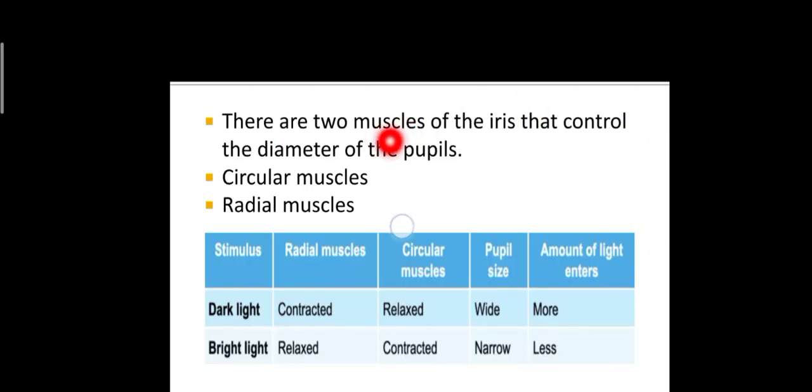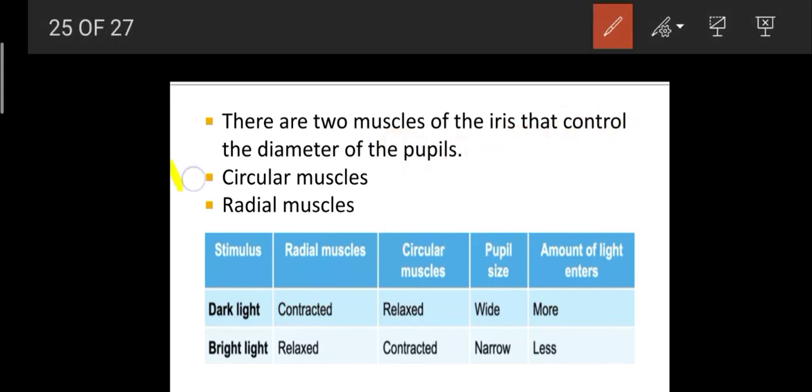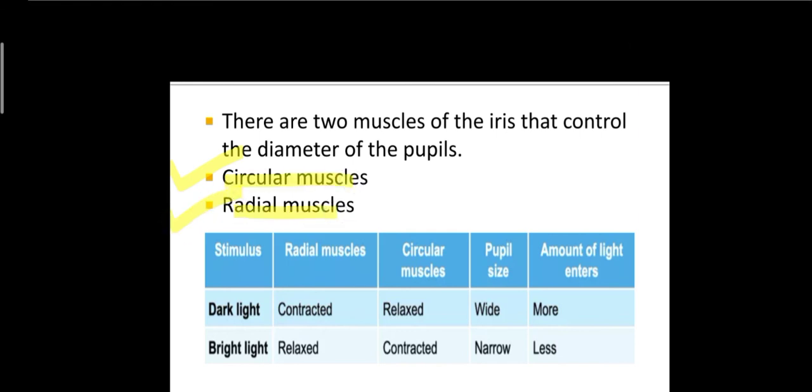There are two muscles of the iris that control the diameter of the pupil, known as circular muscles and radial muscles. When there is dim light, the radial muscles contract, the circular muscles relax, the size of the pupil becomes wide, and the amount of light entering is more.